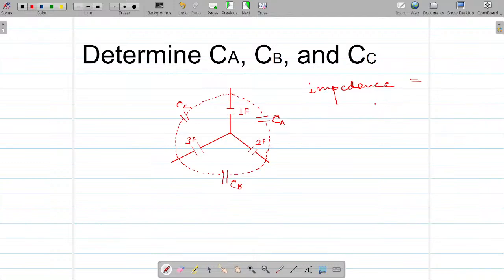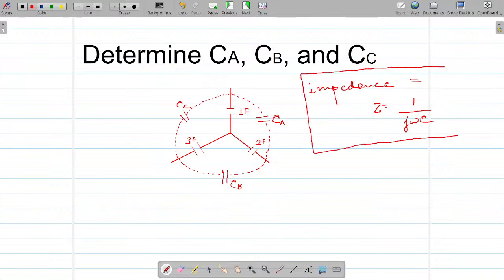Can I write impedance in case of capacitor Z is equal to 1 upon j omega c? Can I write that? Right? Now this is one thing that you should be aware of before solving the question. I hope we all know this.